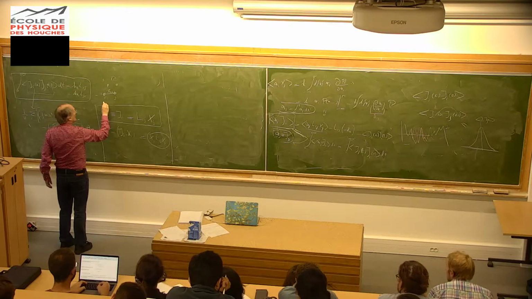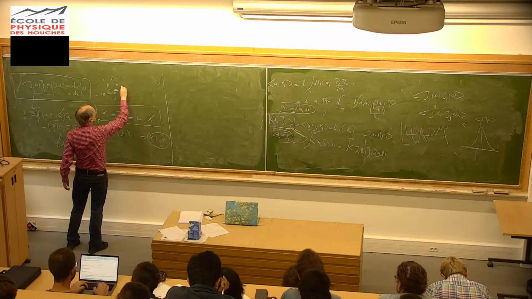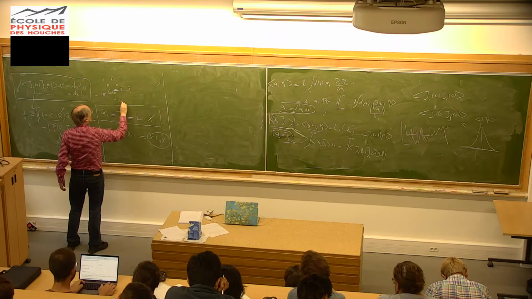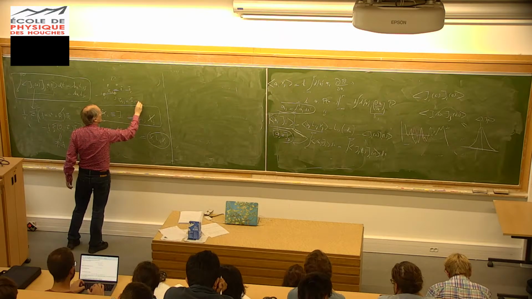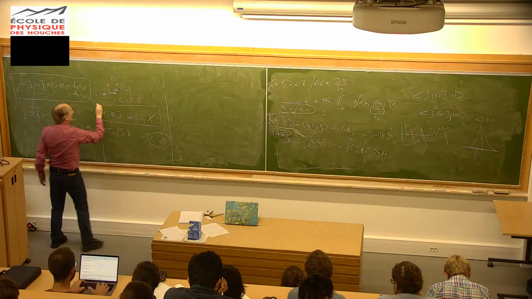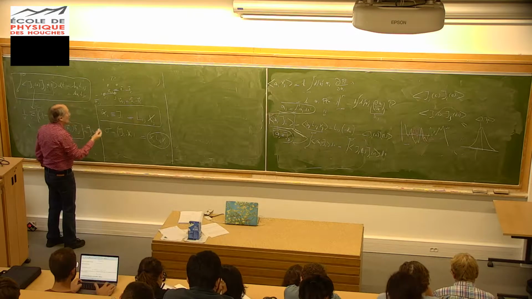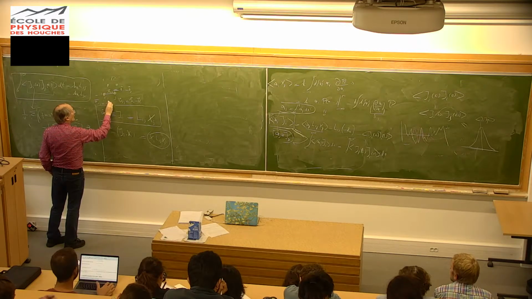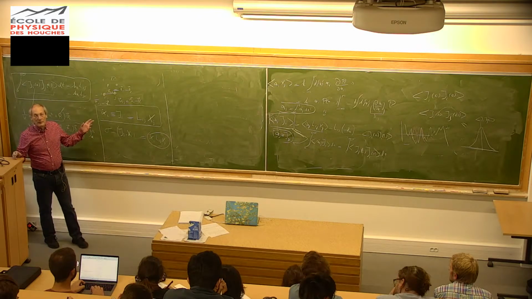So r_ij is r_i minus r_j, and v_ij is v_i minus v_j. And F_ij, well, in this case, for pair potentials, you have action equals reaction. So it's the force on particle i due to particle j. And there's not much point in separating it more.